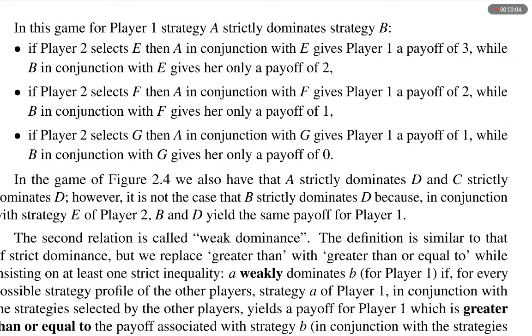If player 2 selects capital F, then capital A in conjunction with capital F gives player 1 a payoff of 2, while capital B in conjunction with capital F gives her only a payoff of 1. If player 2 selects capital G, then capital A in conjunction with capital G gives player 1 a payoff of 1, while capital B in conjunction with capital G gives her only a payoff of 0.